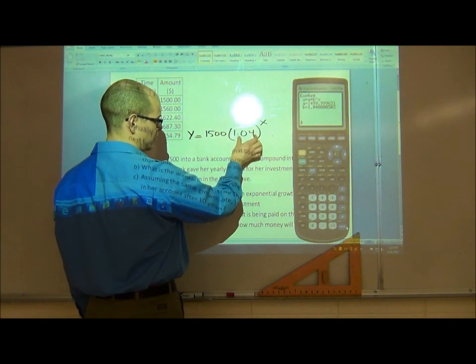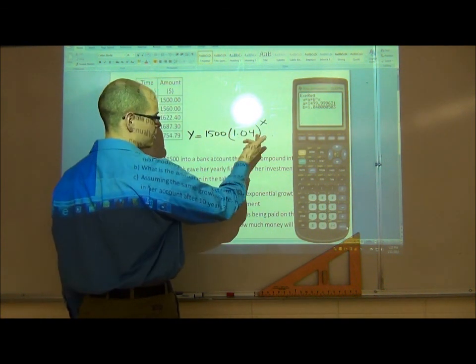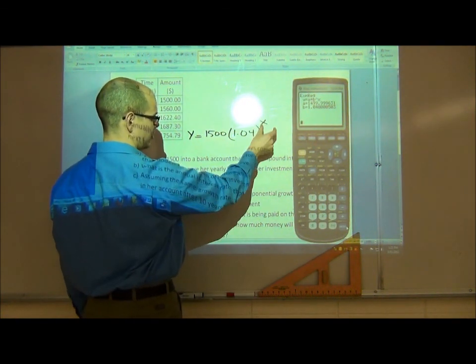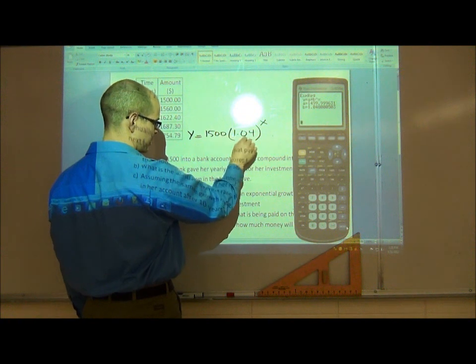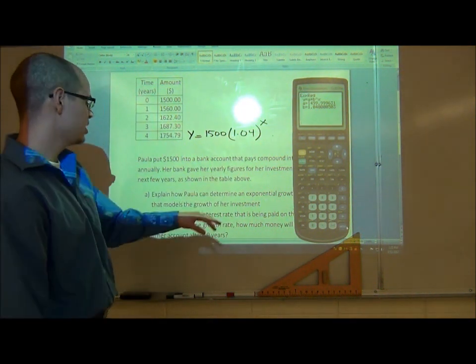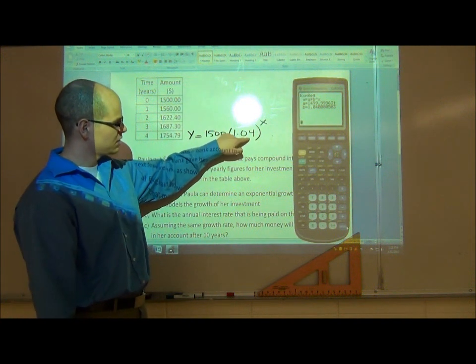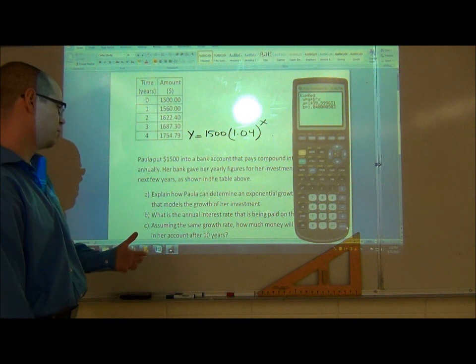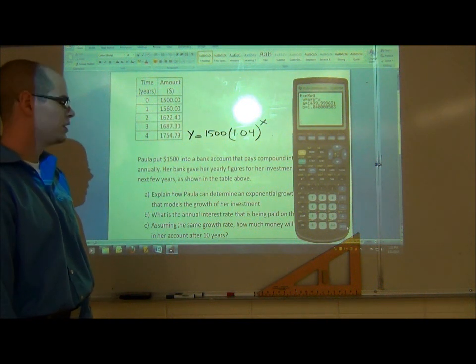This 0.04 is my interest rate, and that basically equates to 4%. Every compounding period, this thing is going to get 4% bigger. So the interest rate is the part of the B value right on the end there. So the answer to B is it's a 4% annual interest rate on the account.